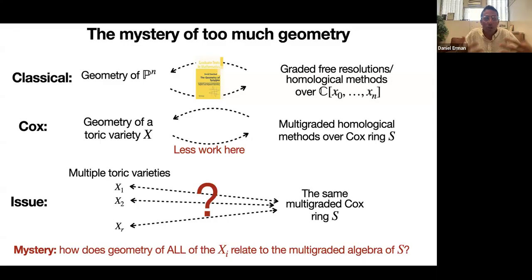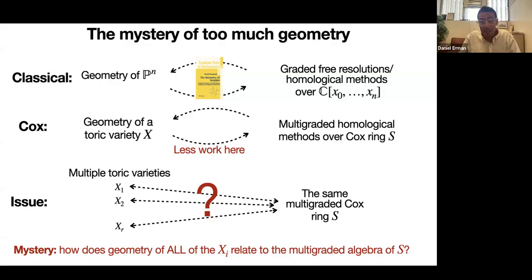It's like there's too much geometry. How do you build a dictionary when the same object on the algebra side corresponds to a number of different geometric objects? Now, some people in the audience may have some ideas about an answer to this.